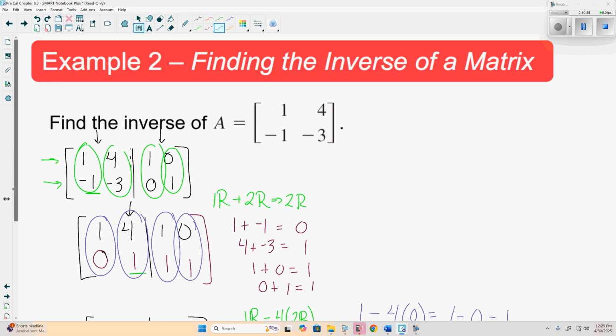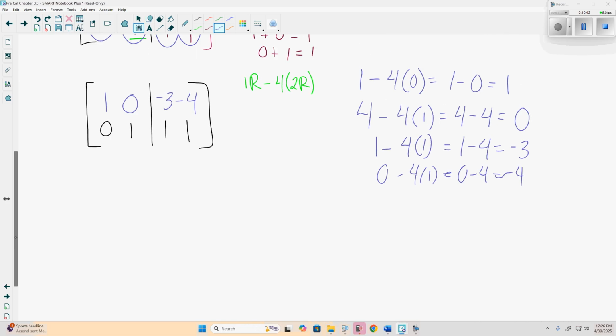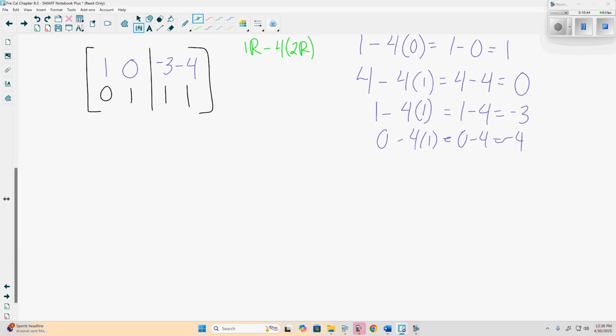So we can use these row operations to get the left side to become the identity matrix, giving us this here, telling us that the inverse for this matrix is the matrix negative 3, negative 4, 1, 1. And we can use these row operations to get there.